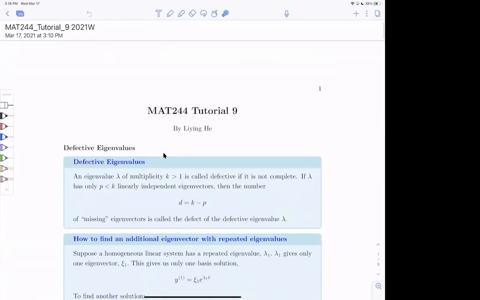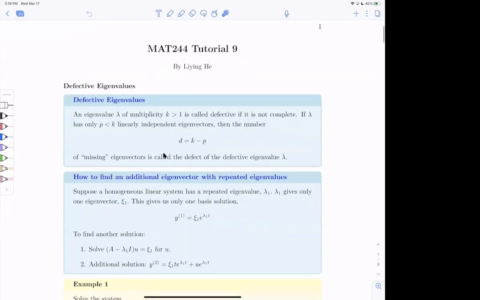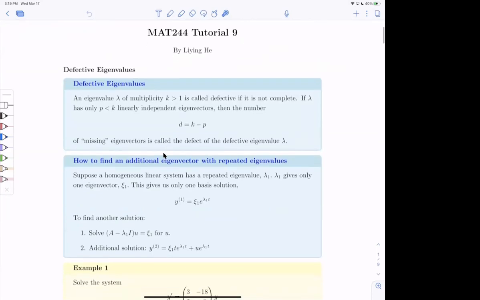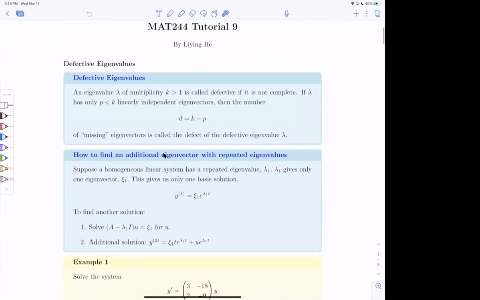Anyway, let's go back to the beginning. We have defective eigenvalues. What does this mean? This is when you have an eigenvalue with multiplicity greater than 1, and it's not complete. What do I mean by not complete?